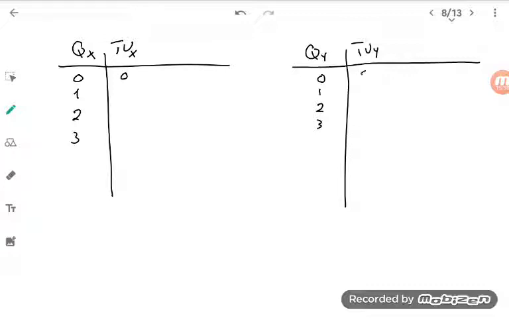Total utility will be, and this is the total utility of consuming each one of the two commodities.